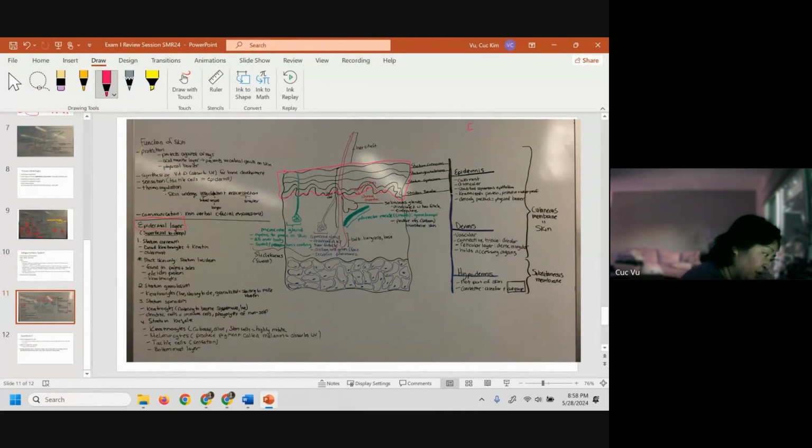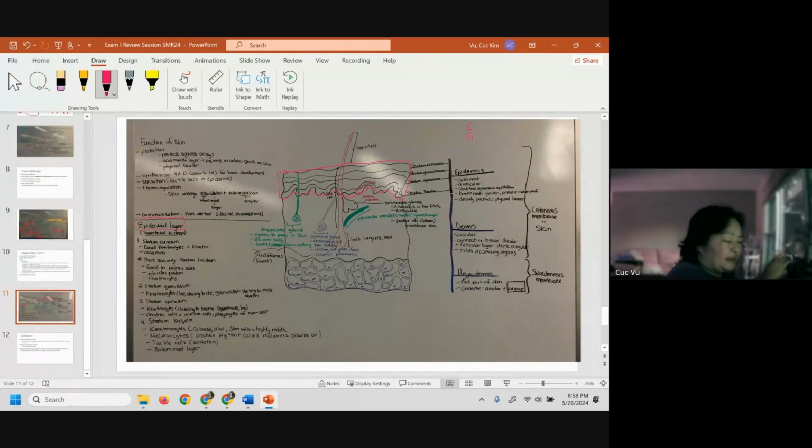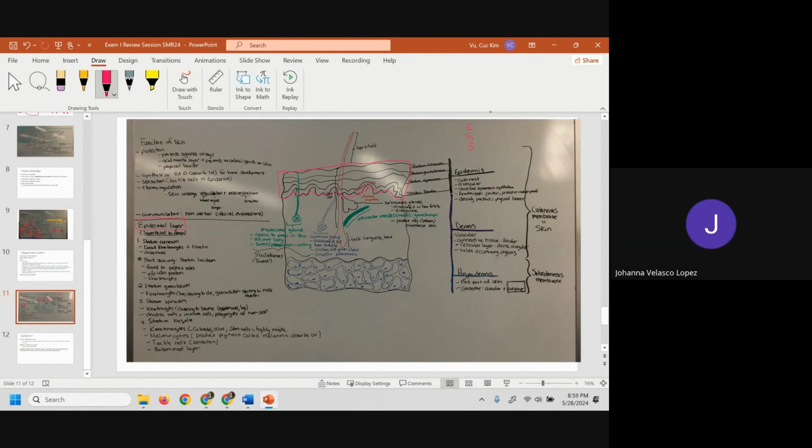If you peel that layer away, you have the stratum granulosum. If you peel that layer away, you have the stratum spinosum. When you peel that away, what do you have? The basale.